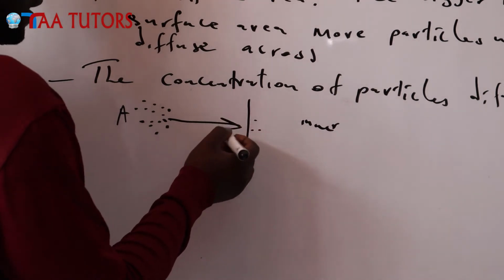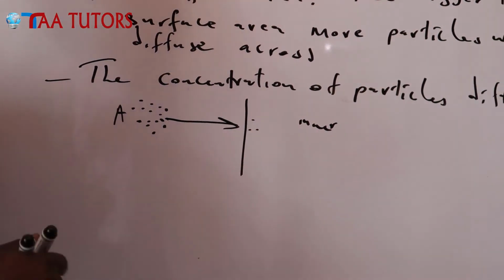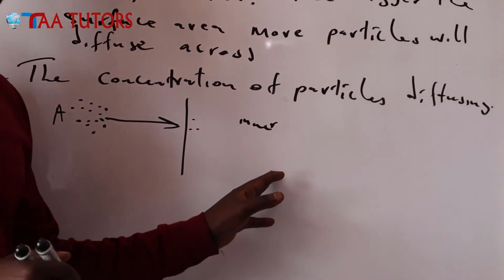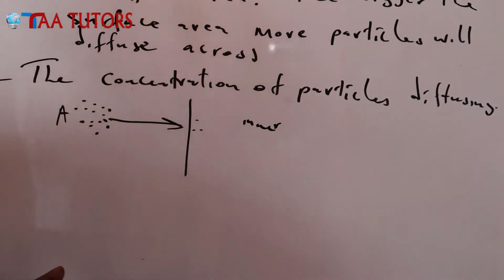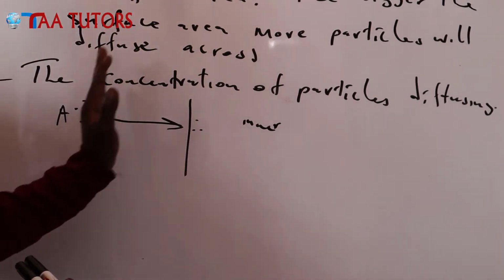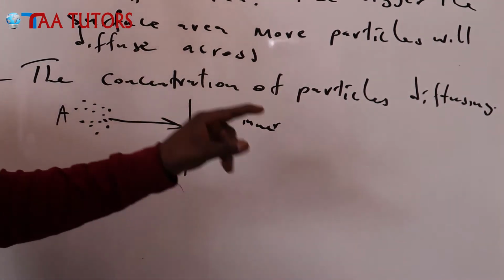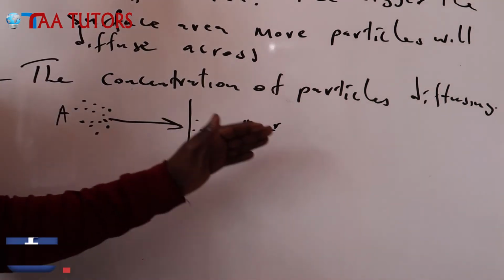So if I have more of these particles here as compared to what you are seeing inside, I am creating a steeper diffusion gradient, and therefore this makes it effective for these molecules to move from the outer side to the inner side. And that is a very key factor for us to note when we are talking about the movement of particles.